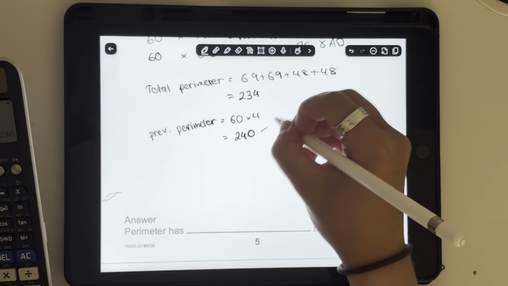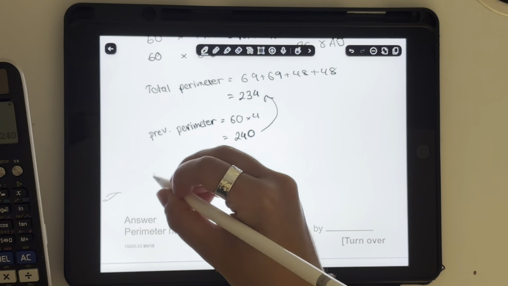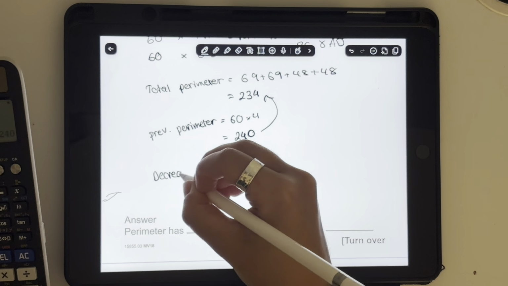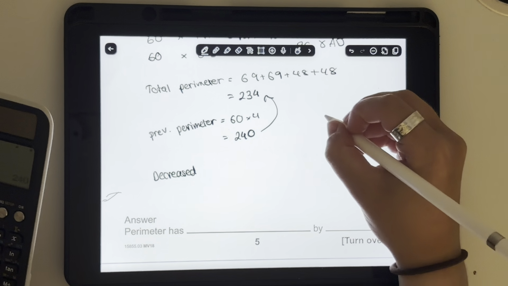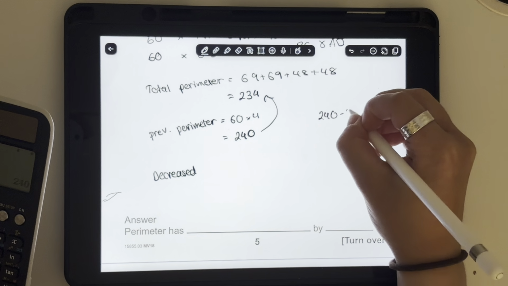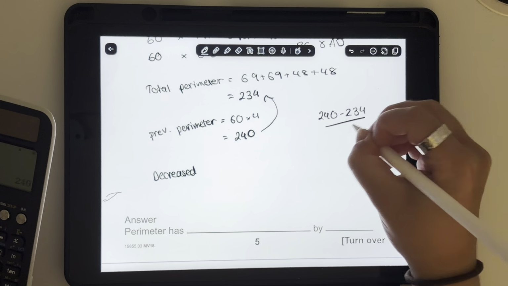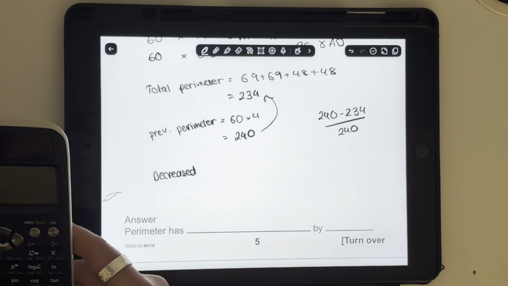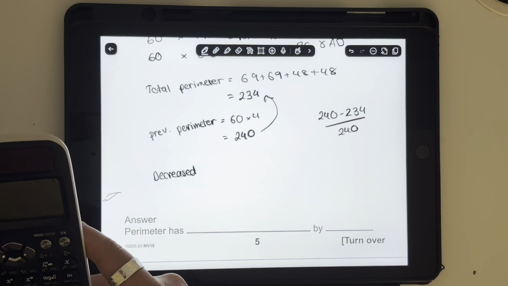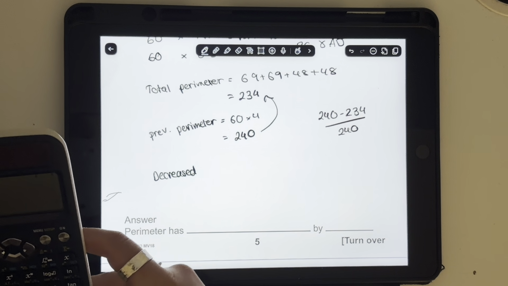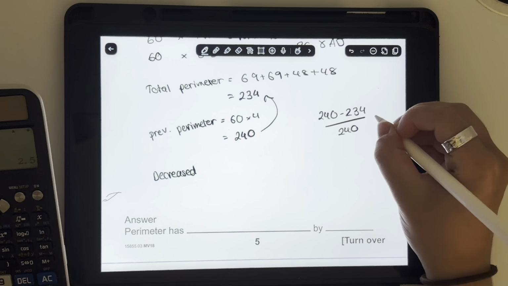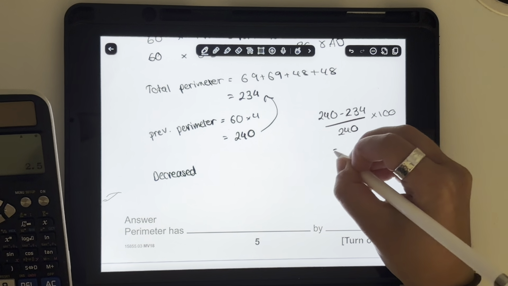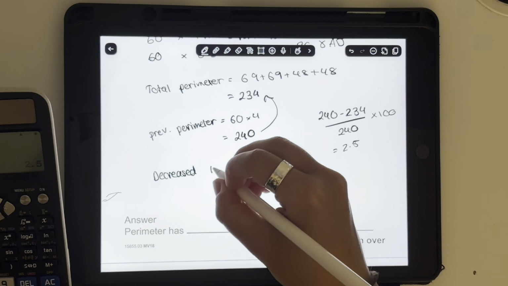So it has gone from this to this, so it is decreased. And we want to do this minus this over that, which gives us 2.5.